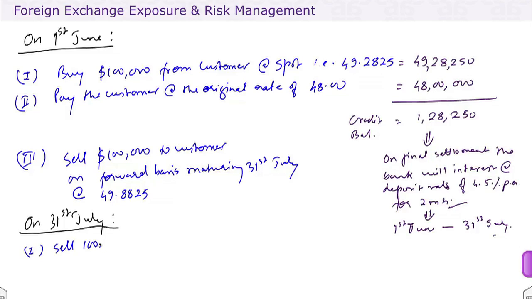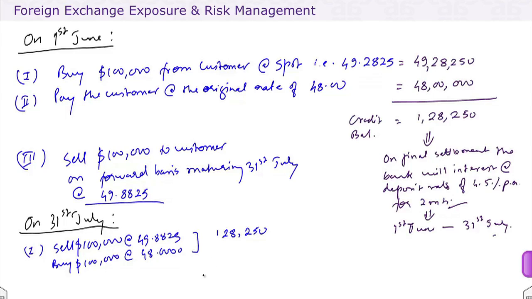Sell 1 lakh dollar at 49.8825, and buy 1 lakh at the customer's agreed rate, 48.0000. On these 2 transactions, 1,28,250 is what you're getting, you're selling high, buying low, on which you would then be paying an interest at 4.5% per annum for 2 months, and that interest amount when calculated would be what we say is your final settlement.